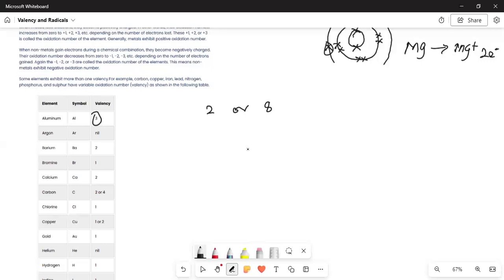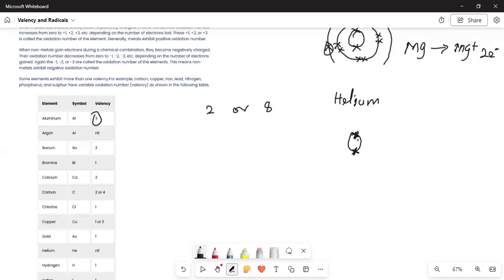What do I mean? For an element like helium that has only one shell, this one shell accommodates a maximum of 2 electrons. If it can accommodate a maximum of 2 electrons, and helium has 2 electrons, that means the shell is completely filled. As such, helium does not need to give out any electron and it does not need to accept any electron.